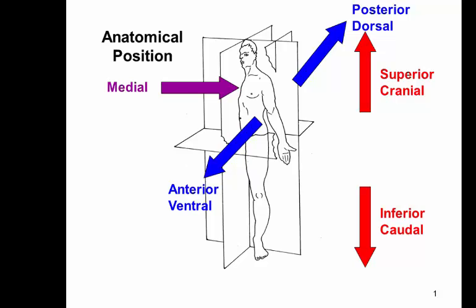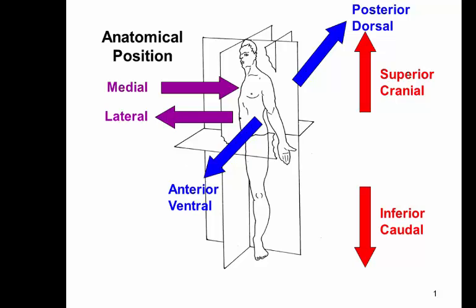Whenever a structure is located towards the midline of the body, if you imagine an imaginary line passing right through the middle of the body, we call that the midline. Any structure located towards that midline is described as being medial. So in the hand, the little finger is medial to the thumb because it's located closer to the midline in the anatomical position.